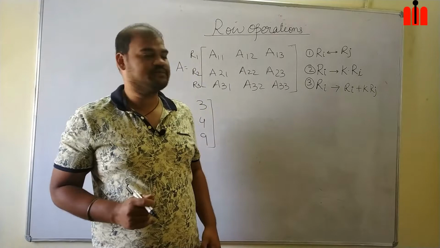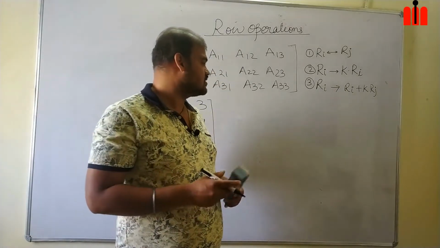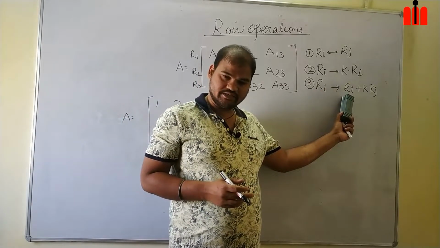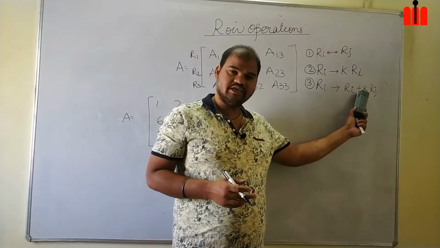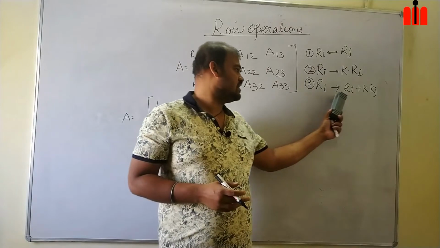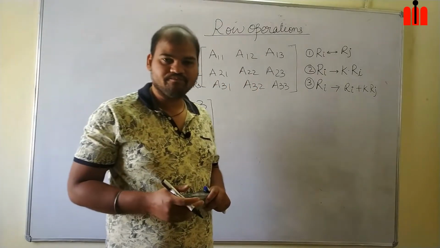This is one row operation. Another row operation is Ri tends to Ri plus K into Rj.